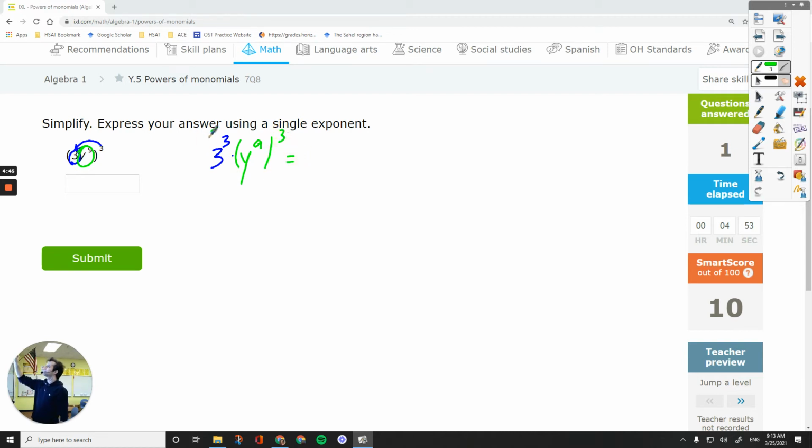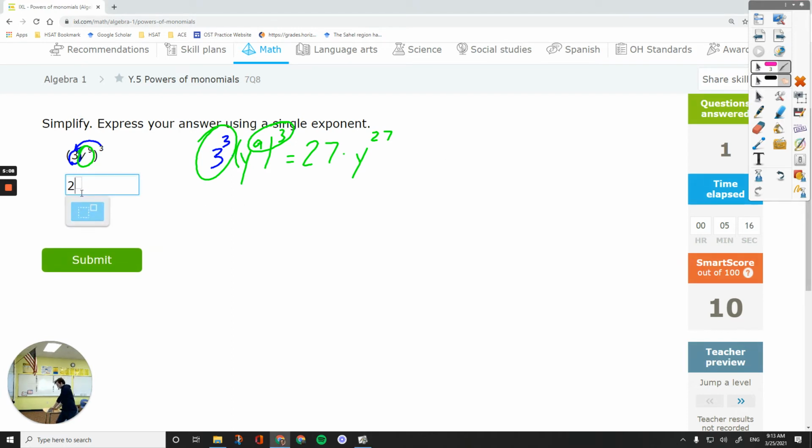So what this means, that's 27. Use a calculator, and then this right here, power of a power. 9 is a power, 3 is a power that is impacting that 9. Multiply them together. Keep the base the same, y is the base. 9 times 3 is 27. So I need a 27 in the base, and then it is multiplied by y to the power of 27.